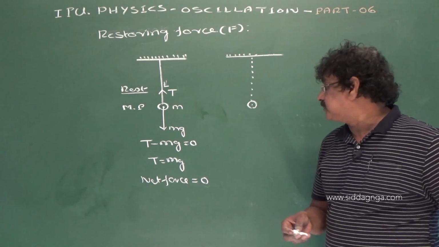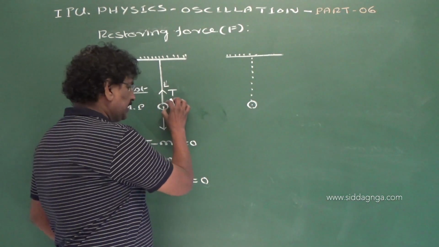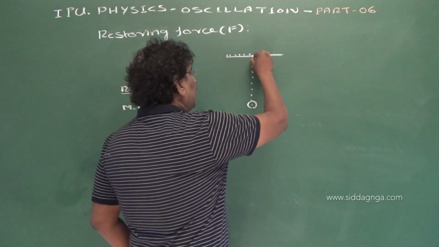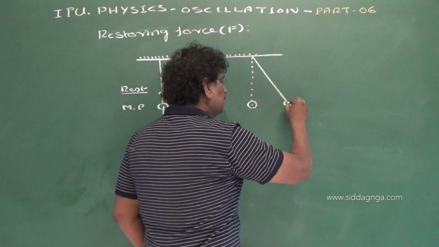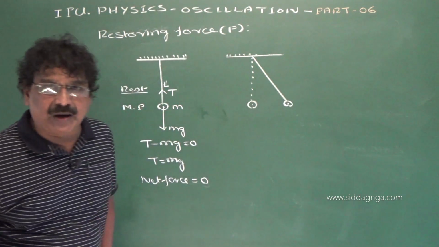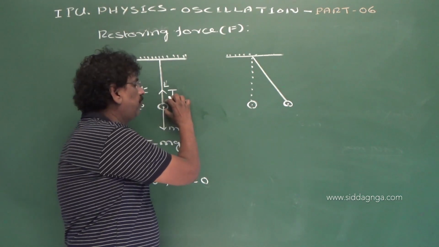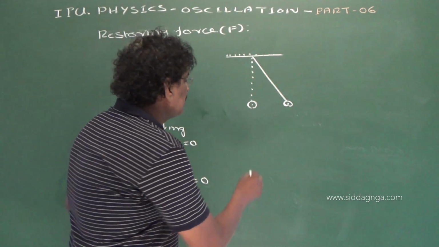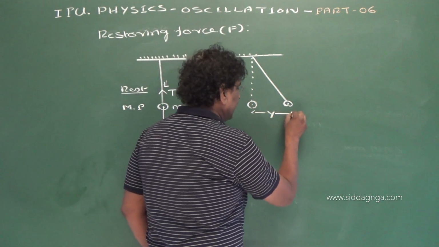Now, when the bob is pulled aside by applying a force, let this be the new position of the bob. I will hold that bob and pull it aside, so that the bob displaces through a distance y.